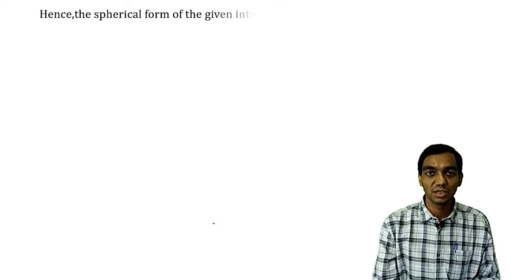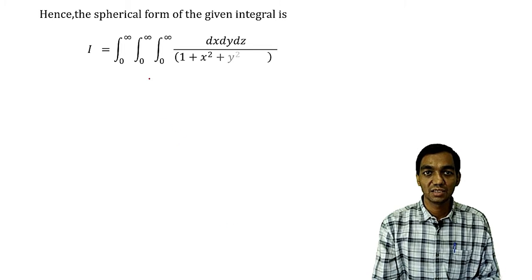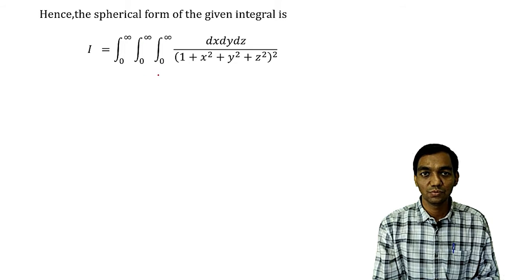Correct? So your integration is going to be in a spherical form. Integration 0 to infinity, 0 to infinity, 0 to infinity dx dy dz upon (1 plus x square plus y square plus z square) the whole square.